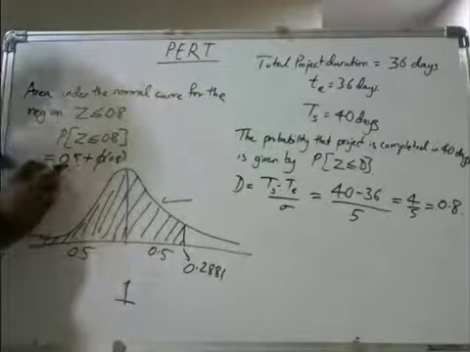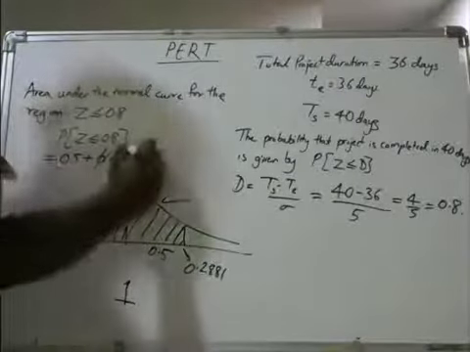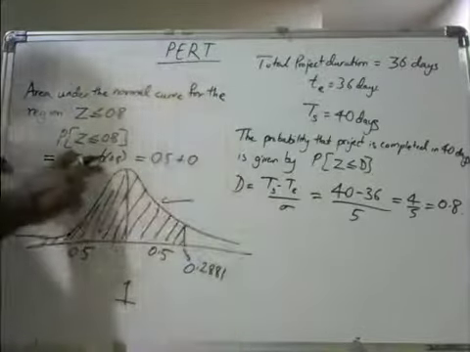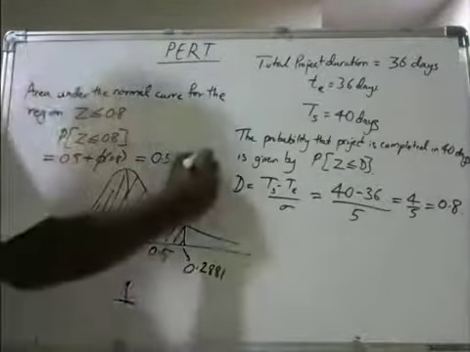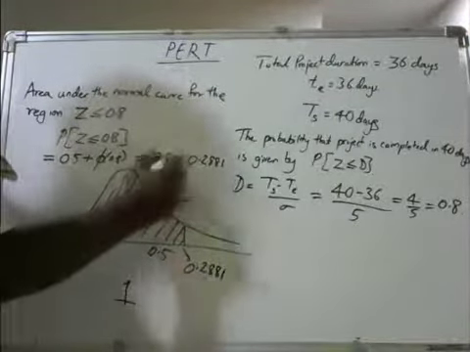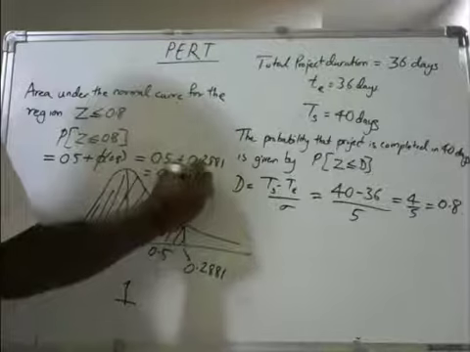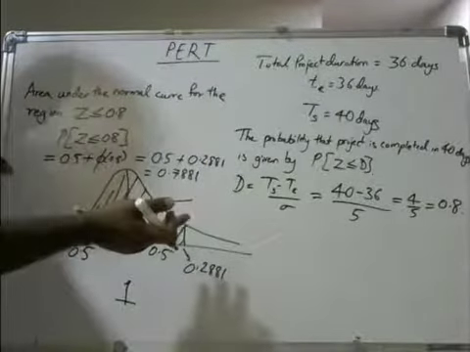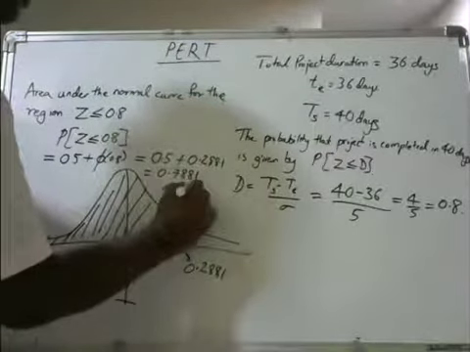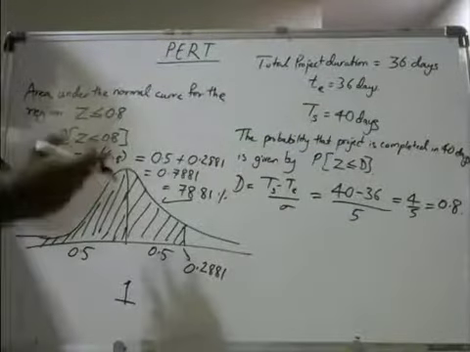That's why you have taken this 0.5 here, and phi of 0.8 is equal to 0.5 plus 0.2881. If you add this, you get 0.7881. If you convert this decimal into percentage, you get 78.81%.